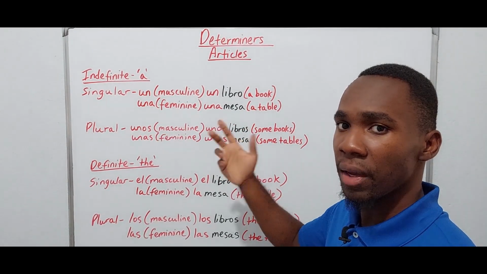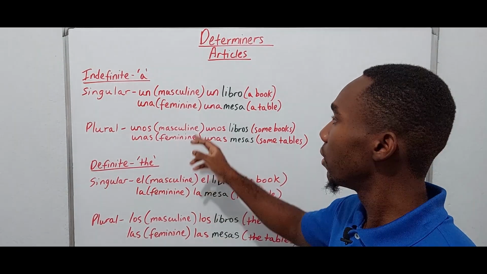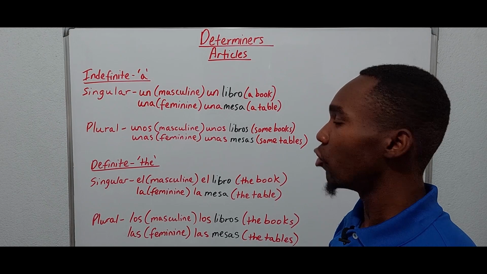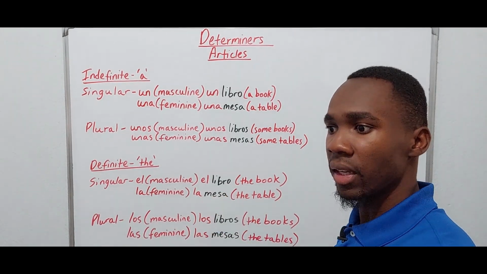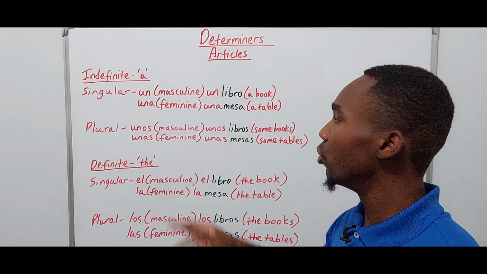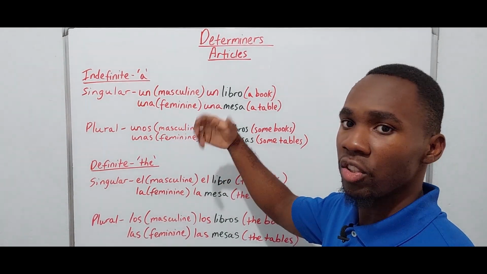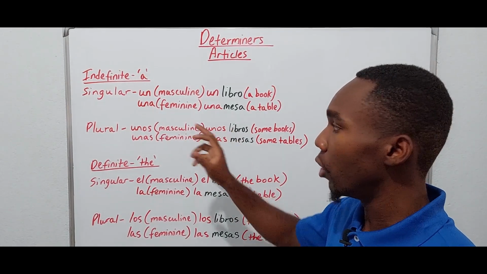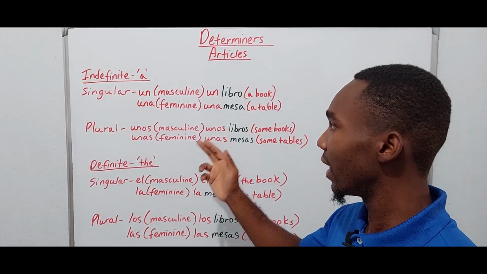Una would be the feminine equivalent. Una mesa, a table, right? So if we want to say a something, obviously that's singular. We would use un or una depending on the gender of the noun, right? Now to make things plural, we would just add s.